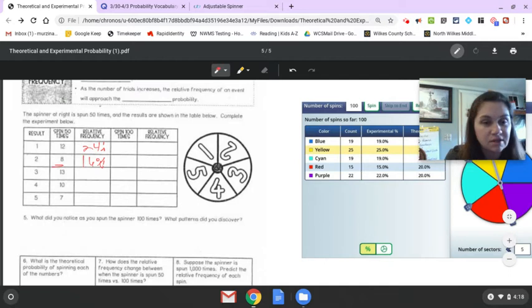It's not working great. For 3 out of 50 spins, we spun a 3 13 times. So 13 out of 50, we would do 13 divided by 50. How many times did we get it? Divided by how many times we tested it. So how many trials? And 13 divided by 50 gives us 26%.